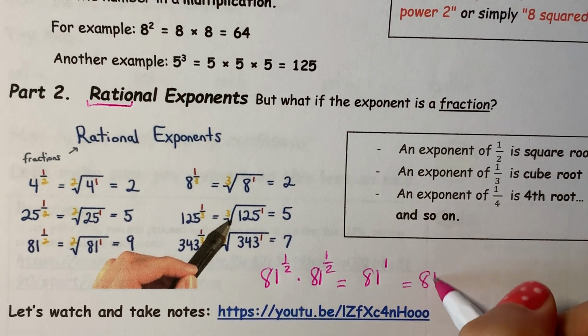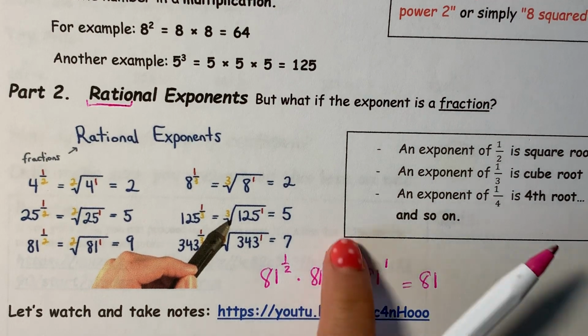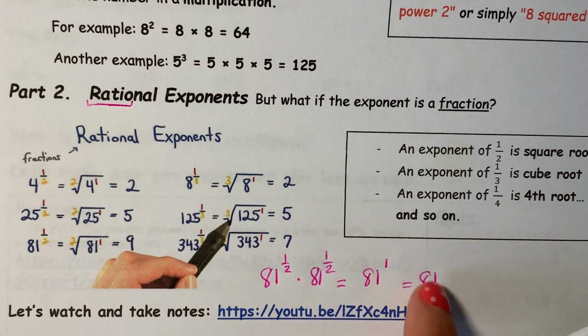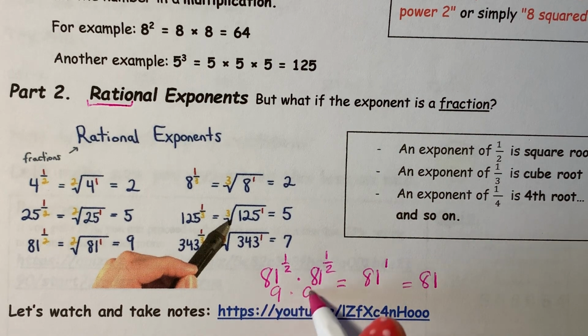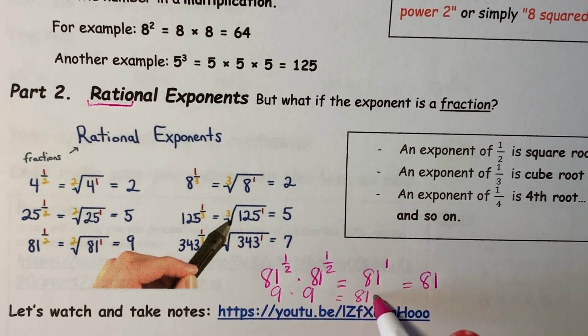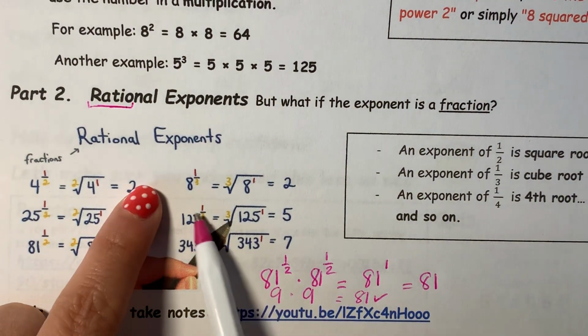So 81 to the 1/2 twice will give you 81. So just half of it is going to be the square root of 81, which gives you 9. There will be 9 times 9 equals 81. And that's correct. So that's the proof of it, okay?